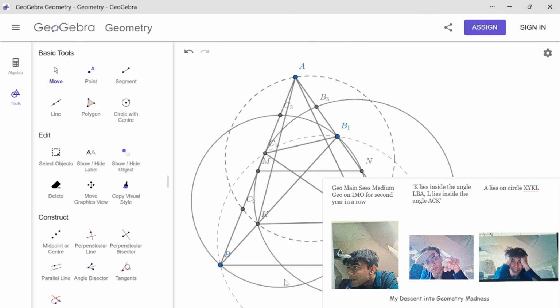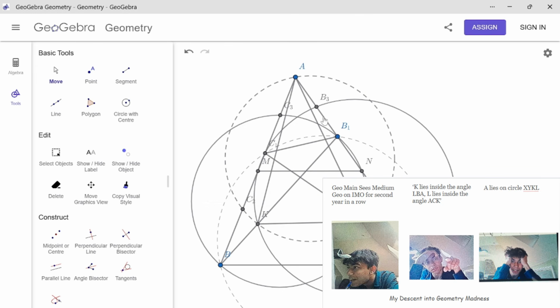So K has to be on the other circle. Where the radical axis of two circles intersects one circle has got to be on the other circle as well. Okay, yeah, so we're done.